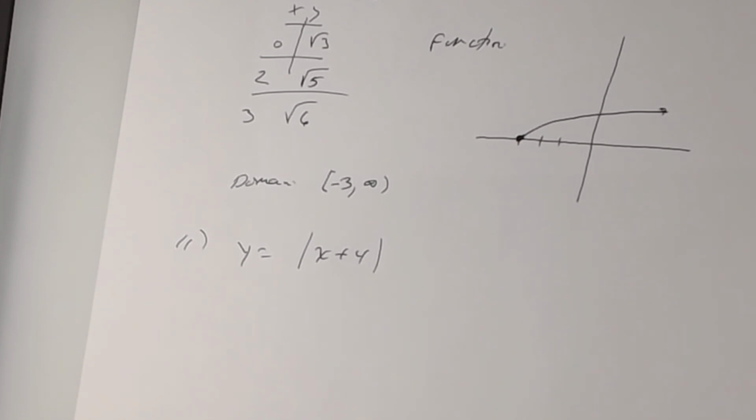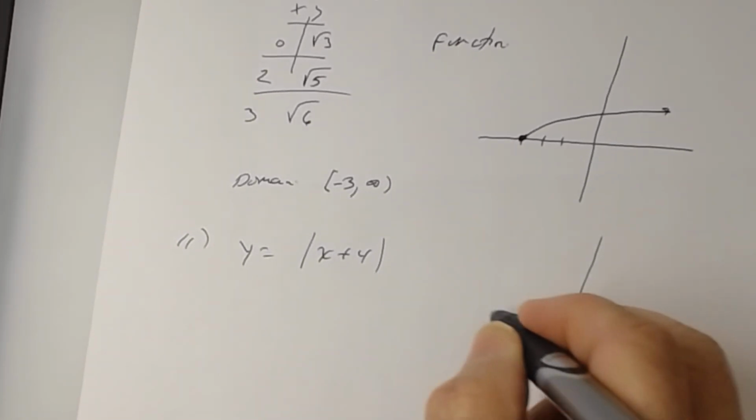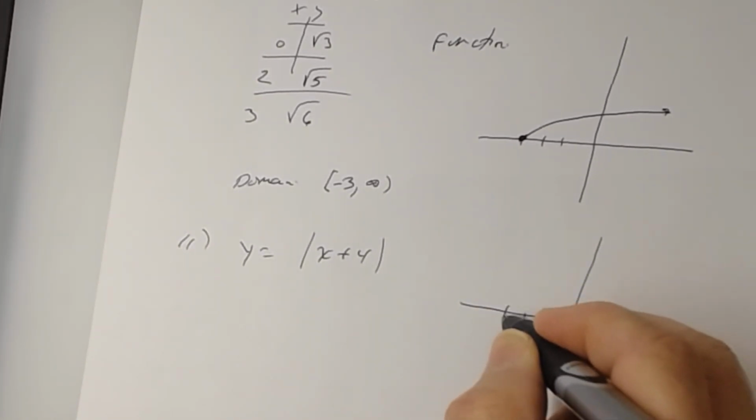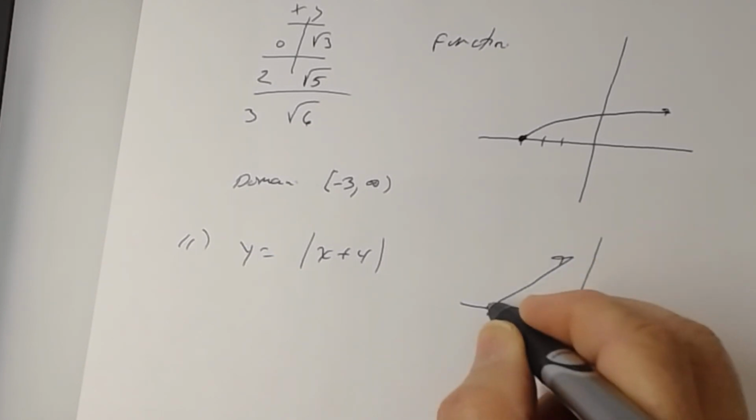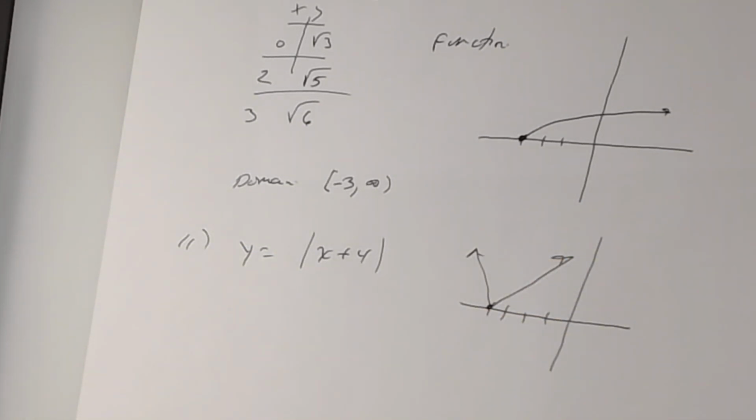You remember how to find the vertex? What's the vertex of this thing? Remember, it's the inside. You got to think the opposite of what you would normally think. It's negative 4, 0. So here's the graph. That's that V.